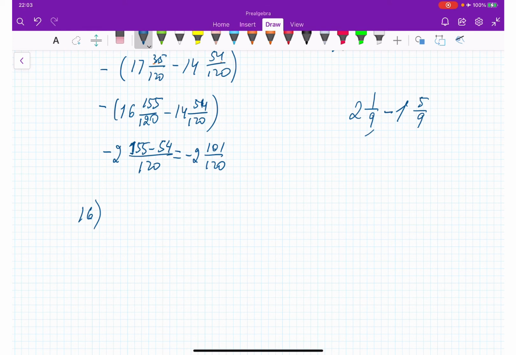So obviously the denominator is the same, and 2 minus 1 is going to be 1, and the common denominator is the same, and I'm getting 1 minus 5. I can't get 1 minus 5, so I have to work out this first term, 2 and 1/9.